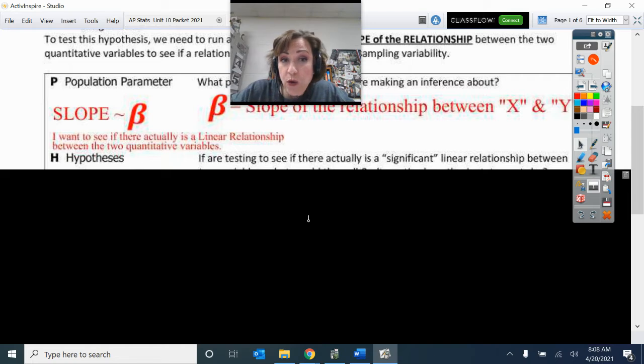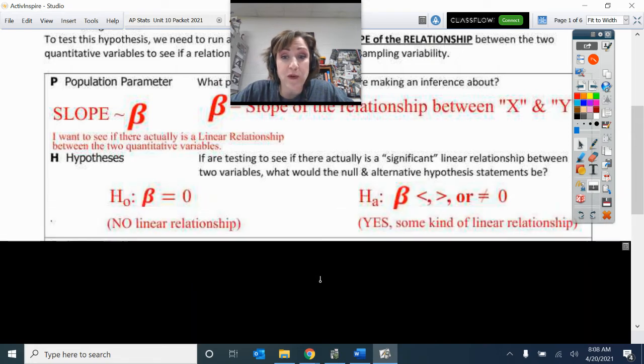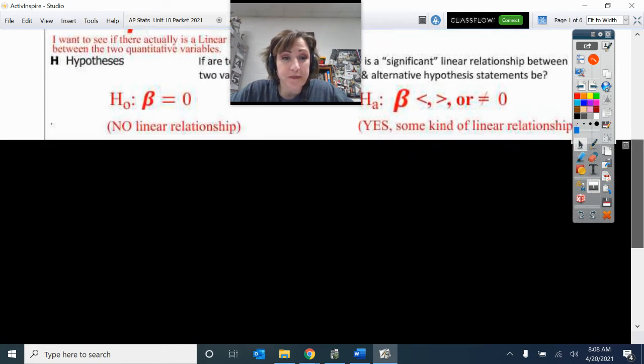There's no relationship, no linear relationship. Well, what would that do? That would set our slope equal to 0. So we start off saying nothing happening, null hypothesis, slope is 0, until you prove it to me or you have evidence that there is a slope greater than, less than, or not equal to 0.